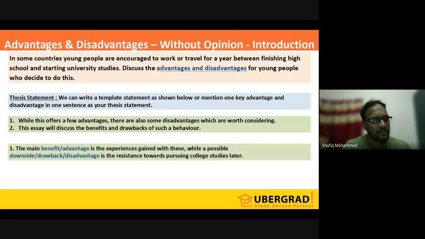The advantage is the student who are utilize their time for work experience and knowing the value of money. It will be help to study. It will be helpful to study well and motivate the students for university graduation. Guys, Sharath, you need to work on your sentence structures. Okay.